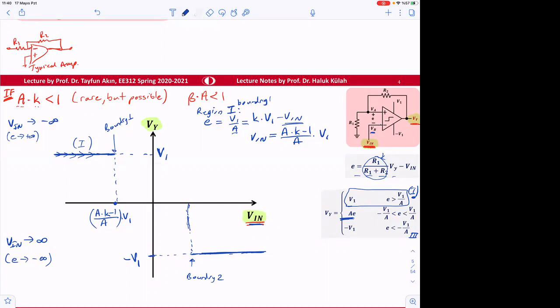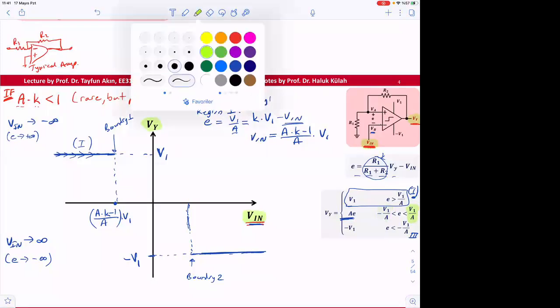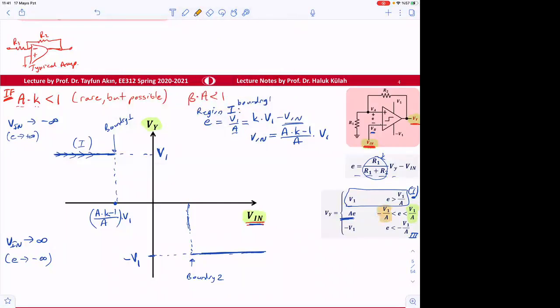So one side was this one, V1 divided by A. The other boundary is this case. Let me do it in a different color. This one, okay? So this is the other boundary.